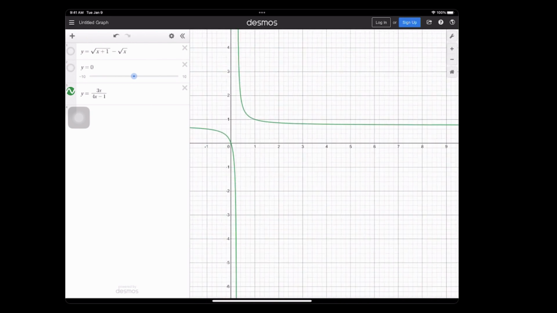So you know that this thing is decreasing. Isn't that function decreasing? Okay.